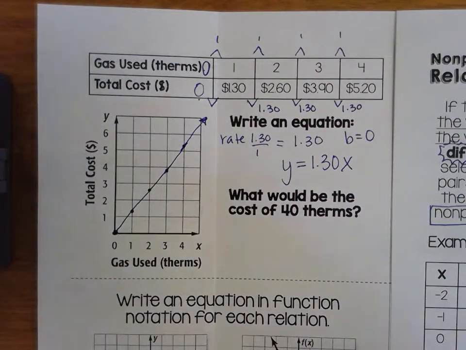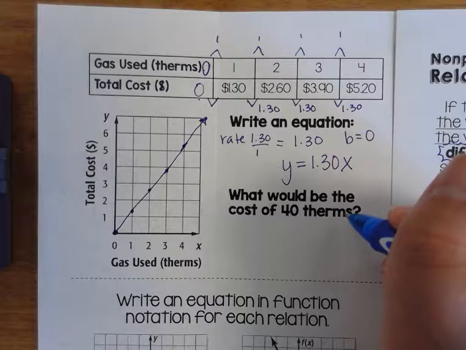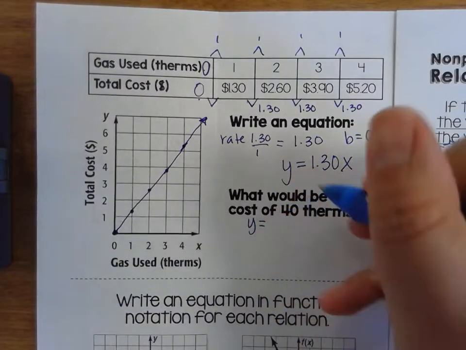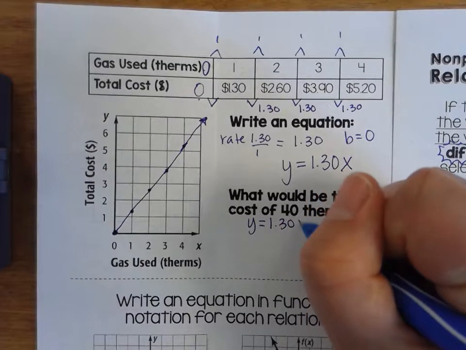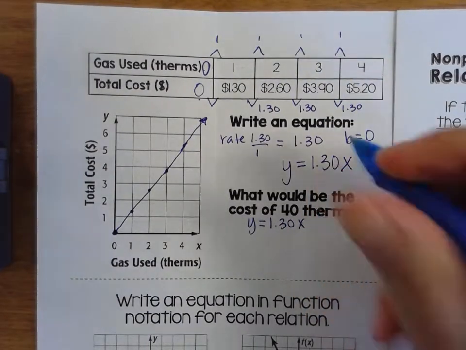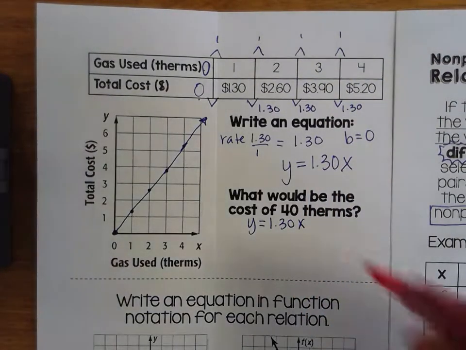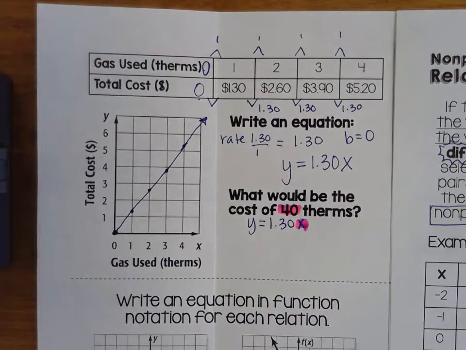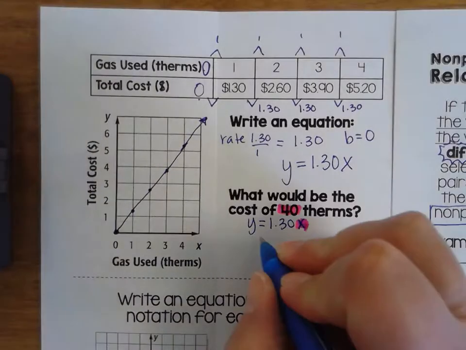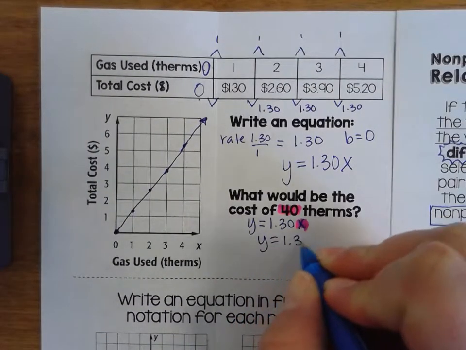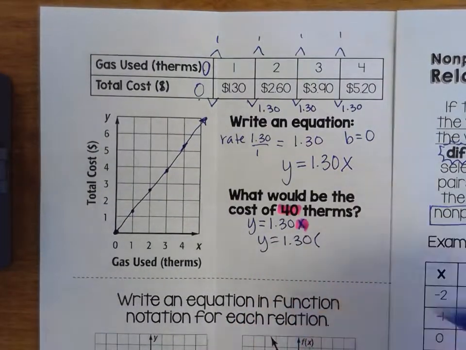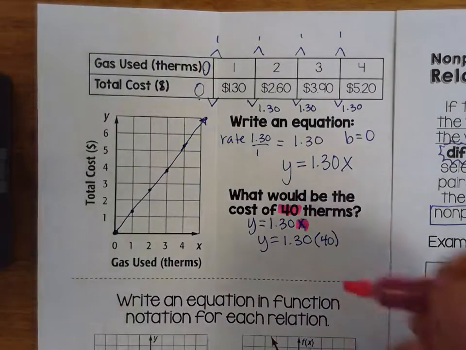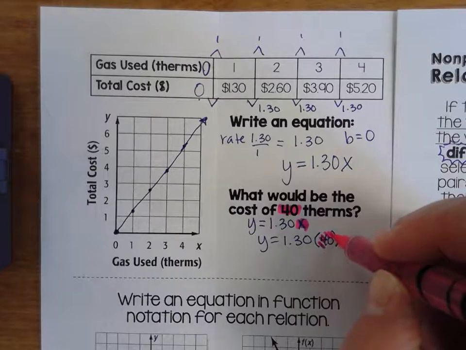So the next part says, what would be the cost of 40 therms? So we're going to use the equation y equals 130 times x, and the 40 is going to replace the x. So now I've got y equals 130 times 40, and I can plug that in the calculator to solve.